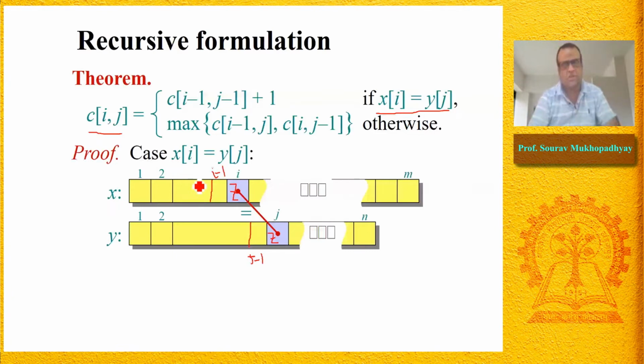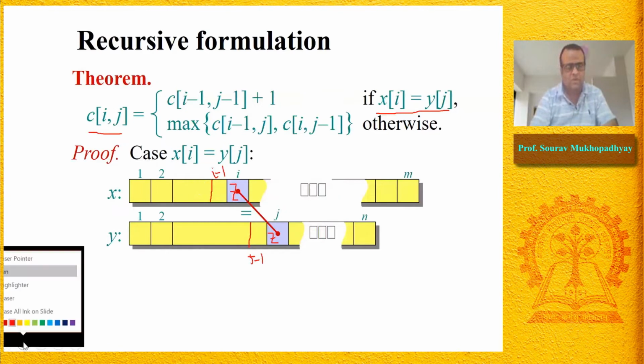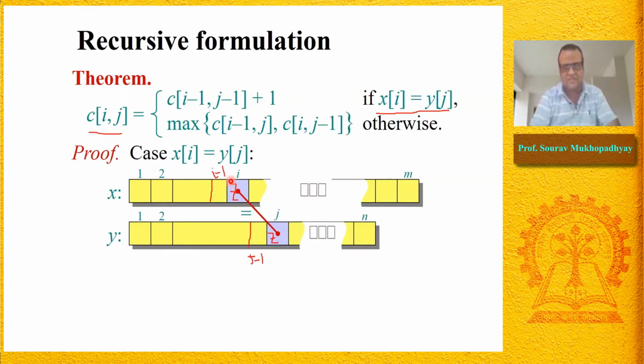So in your logic, we have to convince that this z must be in the longest common subsequence of x and y up to i and up to j. Yes, you are correct. But that proof we need to do: that this common symbol has to be in the longest common subsequence of x up to i and y up to j. So that proof is required.